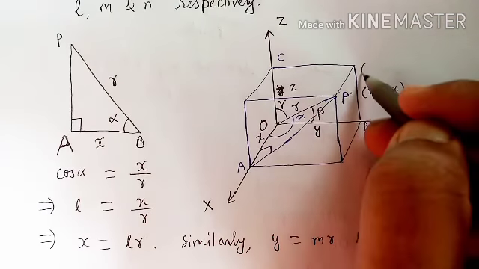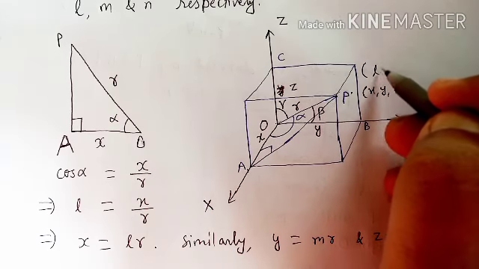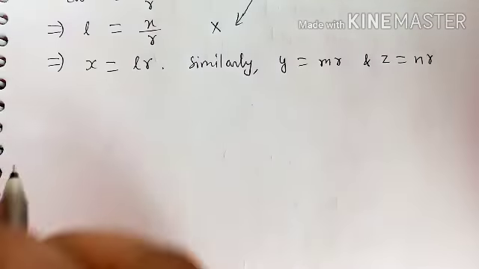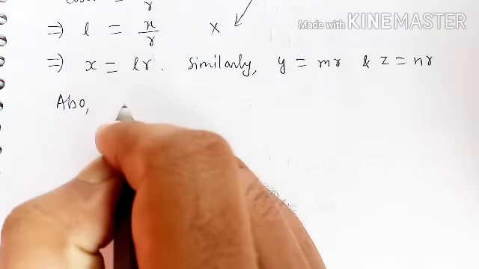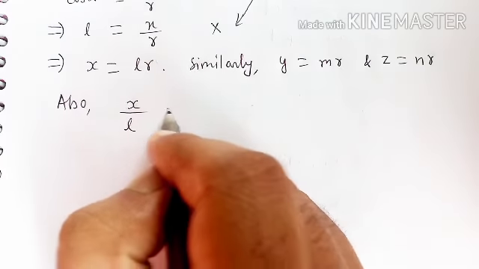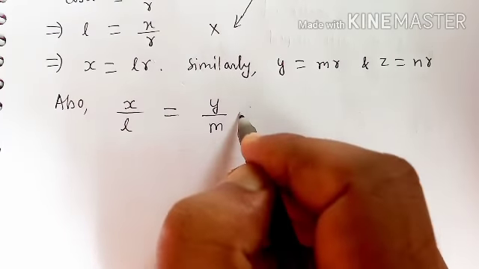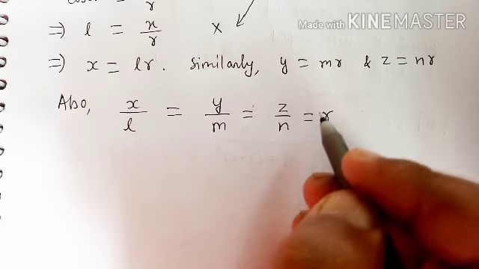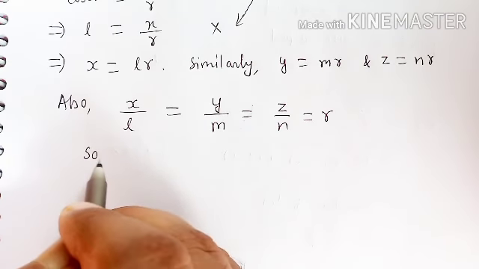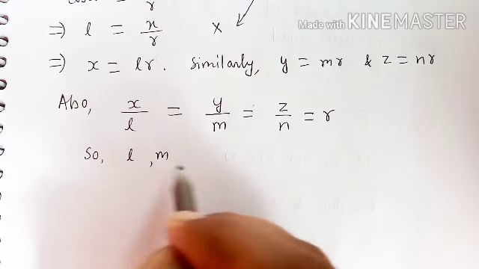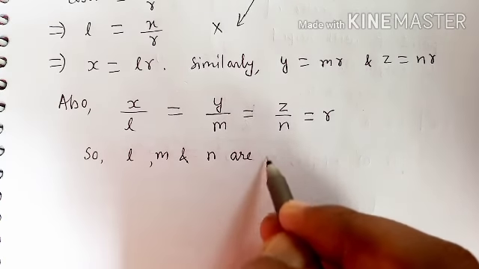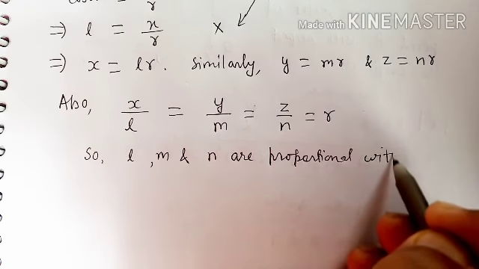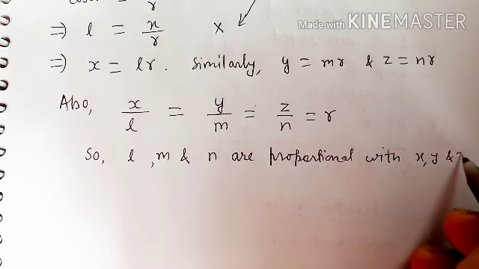So we can write the coordinates of P as LR, MR, NR. Also we can write x by L is equal to R, y by M is equal to R, and z by N is equal to R. So L, M and N are proportional with x, y and z.